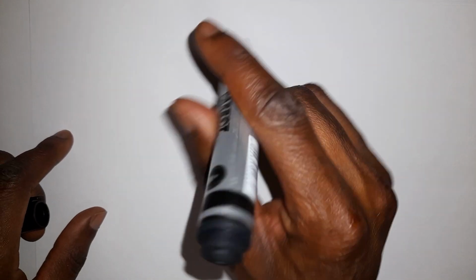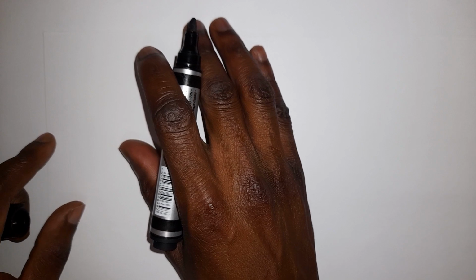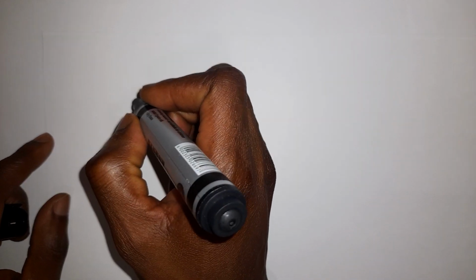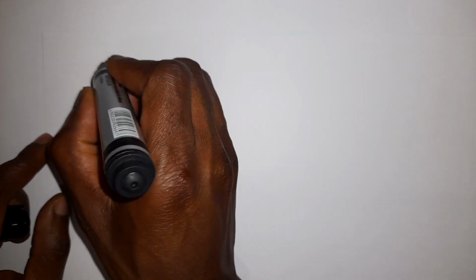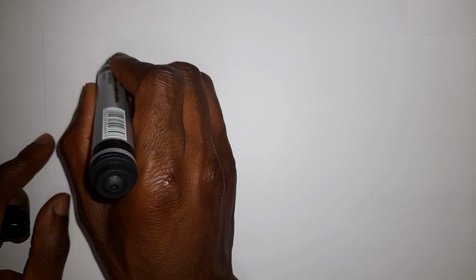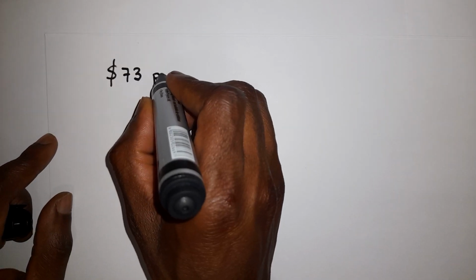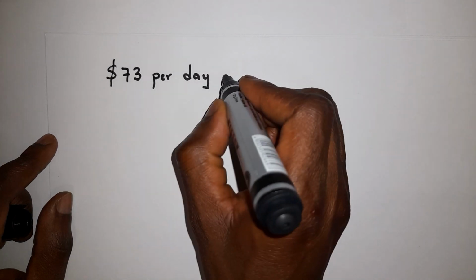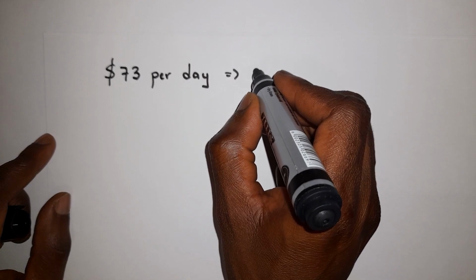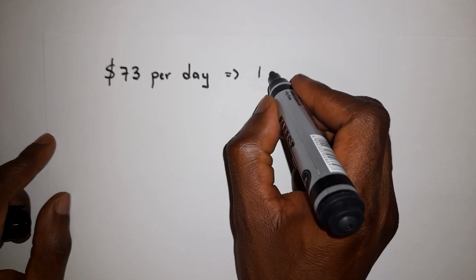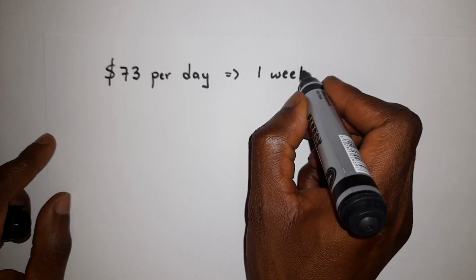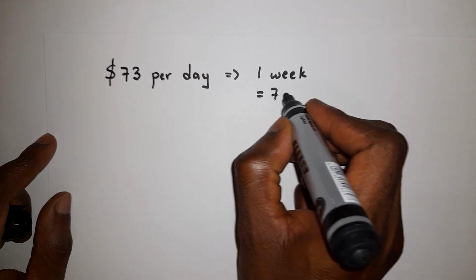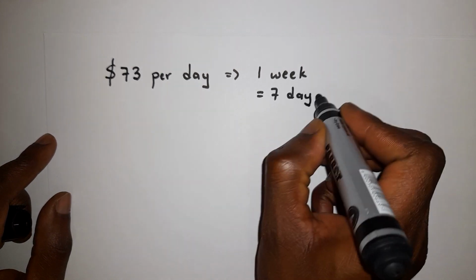So we have two people. They are planning to stay at a hotel. The hotel charges $73 per day, and these people plan to stay for 1 week. And we understand that a week has exactly 7 days.